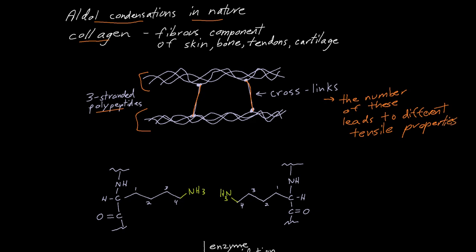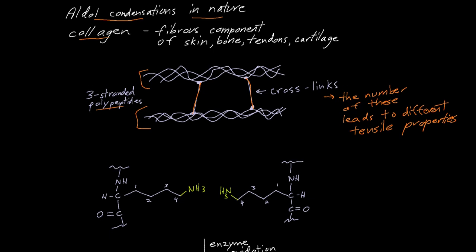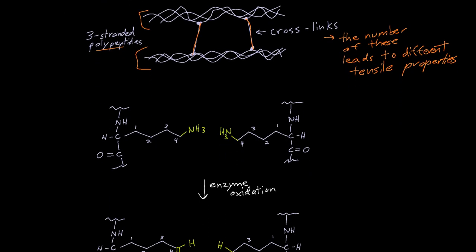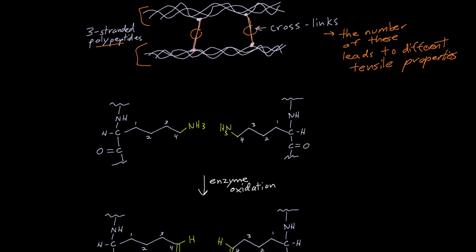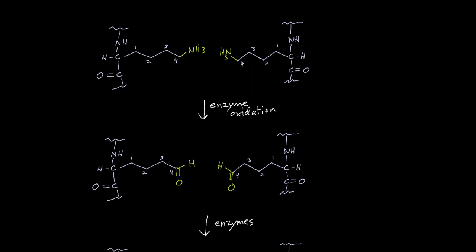In other words, how strong are the strands in the bundle together? If they're cross-linked, how elastic are they, and so forth. So it gives the physical properties. The way these cross-links form is in a chemistry familiar to us, except for this first step. So a lot of things in biological reactions occur with enzymes.